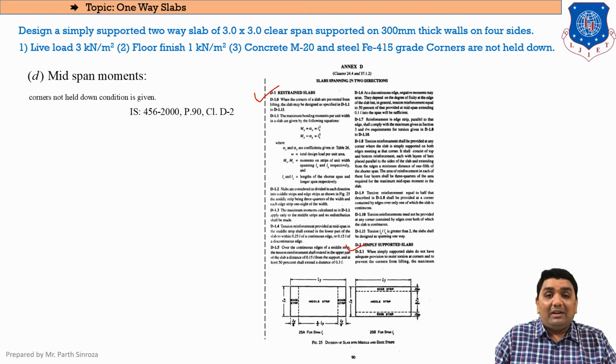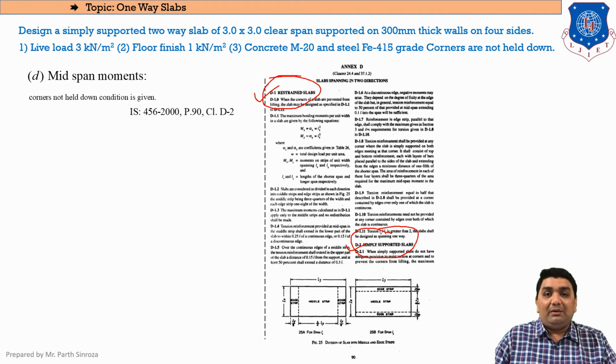So in our case, whenever the question is given as corners are not held down, that means corners are not restrained or not pinned at the supports. Clear? So for that case we will always be using simply supported slabs. Whenever in the question it is given as corners are not held down, we will always be using the case D2, and when in the question it is prescribed as corners are held down, then we'll be using the case D1, that is restrained slabs.